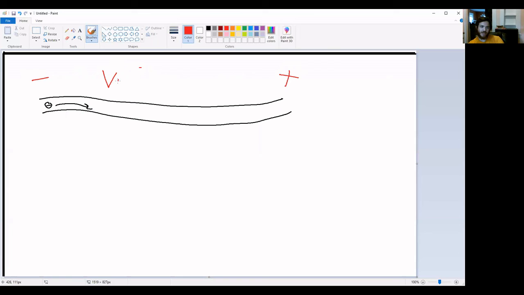And we realized earlier on that voltage is equal to joules per coulomb. So what that means is, and just to throw this in there, a coulomb is actually equal to a very large number of electrons.